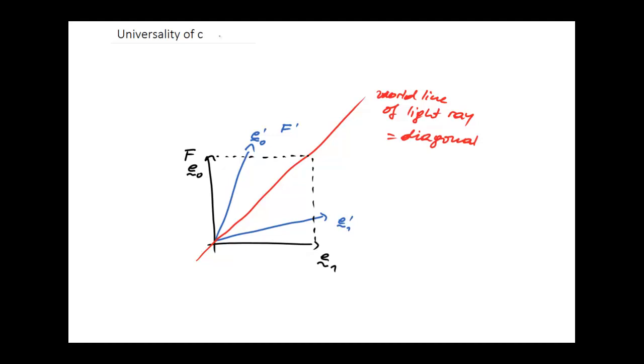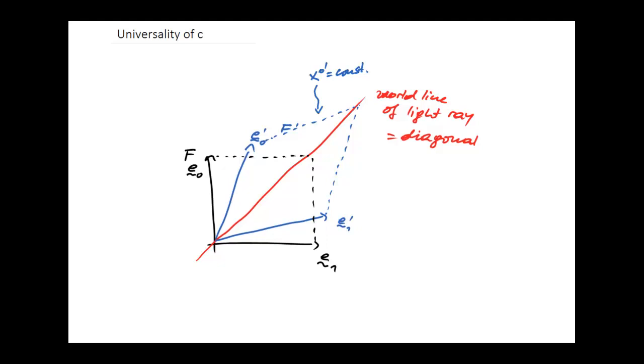Now in the primed frame, it's exactly the same. In the primed frame, after the light ray has traveled for 1 unit of x naught, so this dashed line here indicates simultaneous events in F primed. This dashed line is parallel to the E1 primed axis and denotes events of constant time in the primed frame.